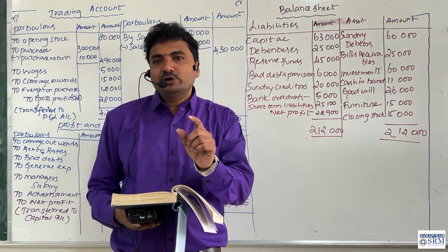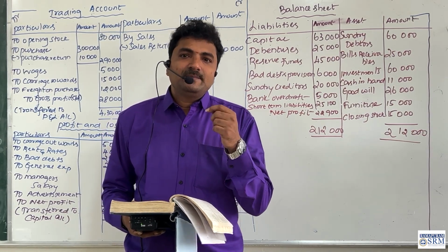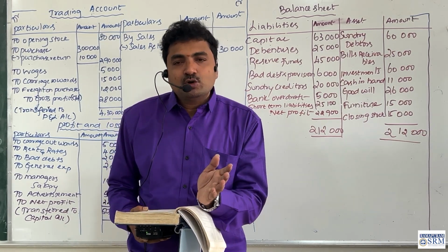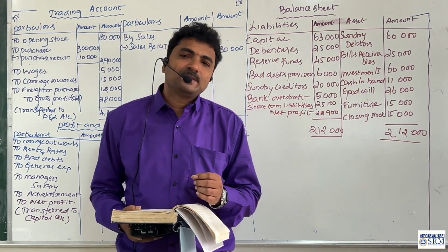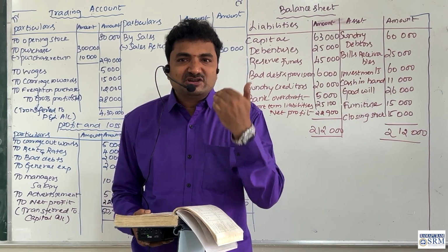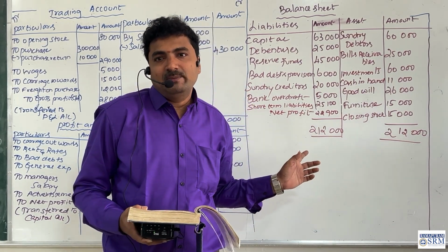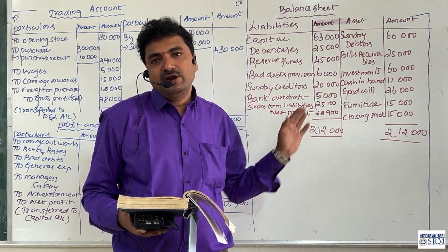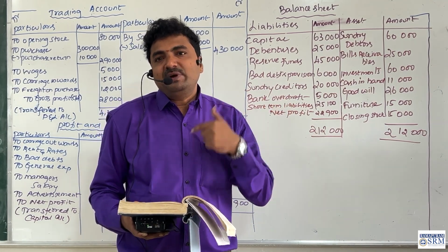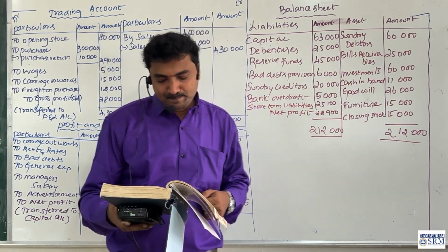For example, the total cost is 1 lakh. Your company gave 80,000 instead of 1 lakh, and for the remaining 20,000 you ask your suppliers for 25 days. So the short term liability, sundry creditors, is 20,000; your company has to pay that amount to the suppliers.